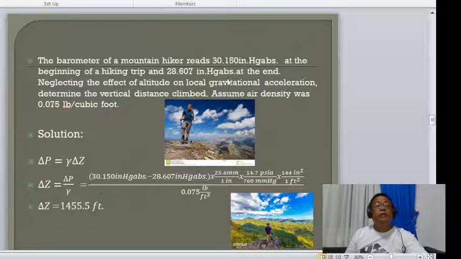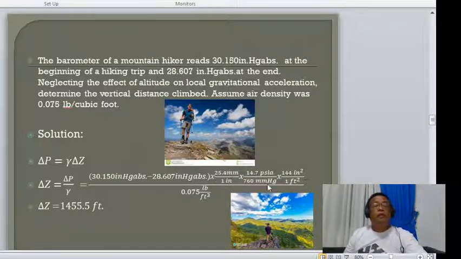We are already given the pressures at the beginning of the trip and at the end, so that is 30.15 and 28.607. Subtracting these two pressures, and then changing the units to make them consistent, we have to change the numerator into pound per square foot unit.